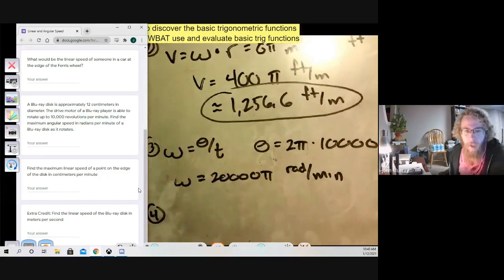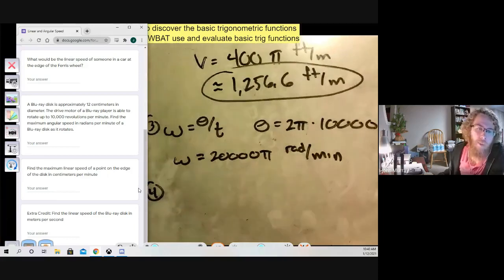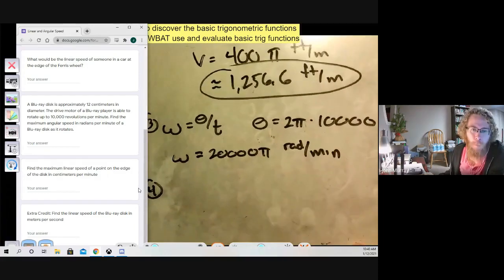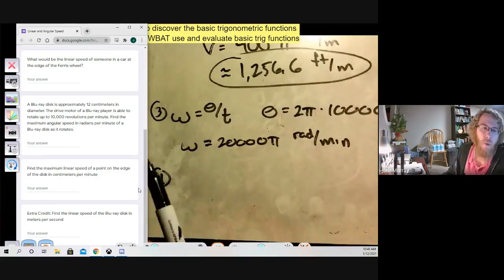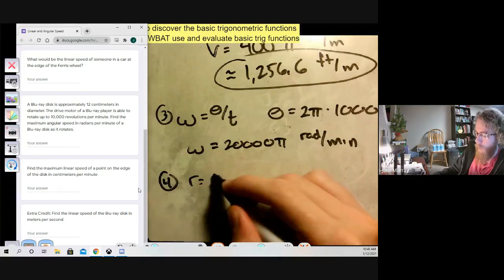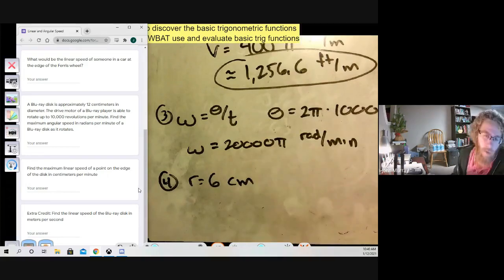For the second part of that question, be careful. We want to find the linear speed. I give you the diameter of the disk. So our radius is half of that, 6 centimeters.